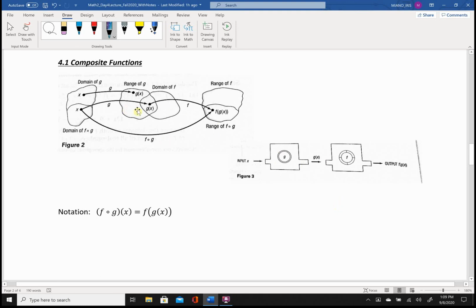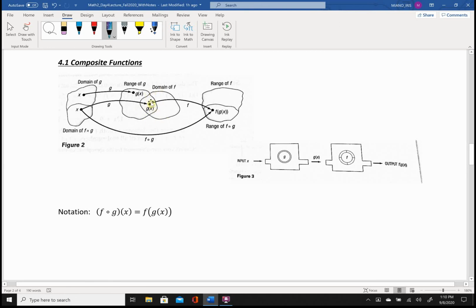But in any event, if you want to take an input value from the domain of g, which is where you're starting from, you always have to start from the innermost function as far as your notation is concerned. Then you take your input value and first put it in the innermost function, and then you're going to get an output of g, which is going to be part of the domain of f, is going to be your g of x, right?